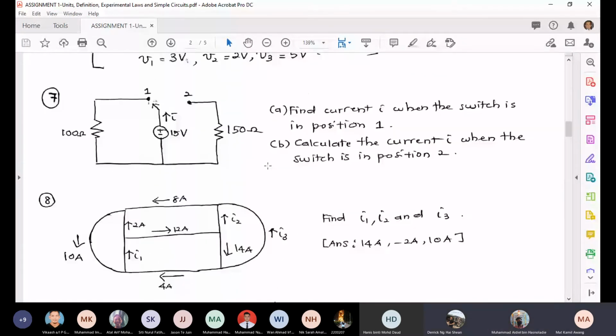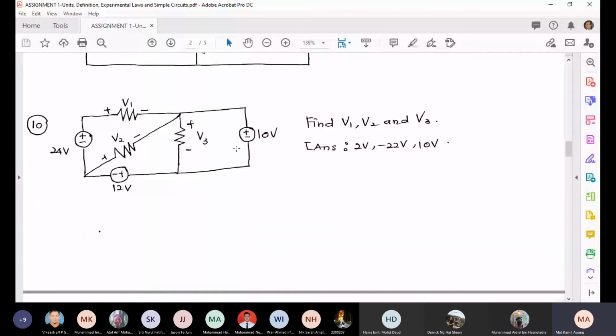Okay. This one, find V1, V2, and V3. Basically, you need to find the voltage across these resistors. So what is V3 voltage? Remember, for parallel elements, the voltage is the same between the two terminals.